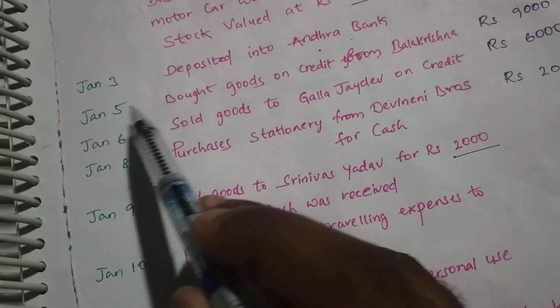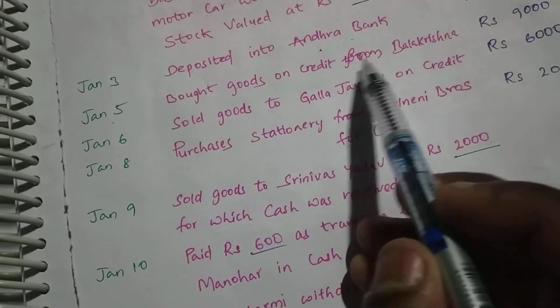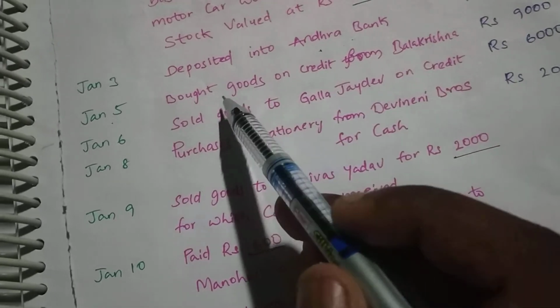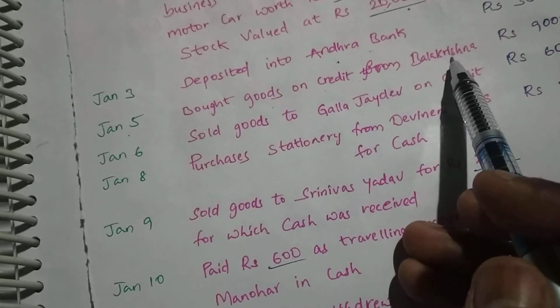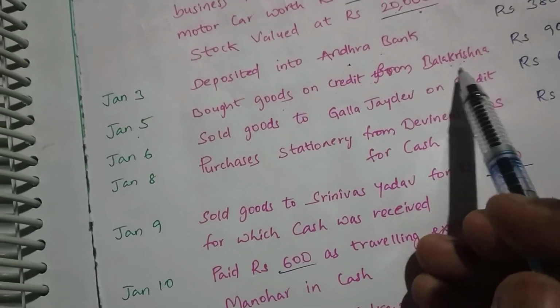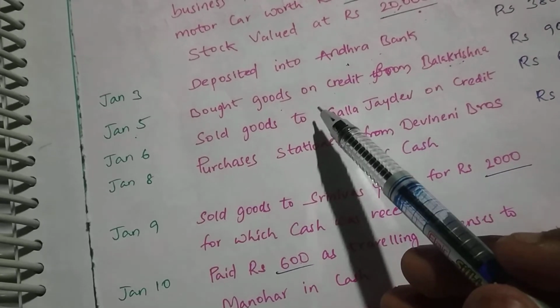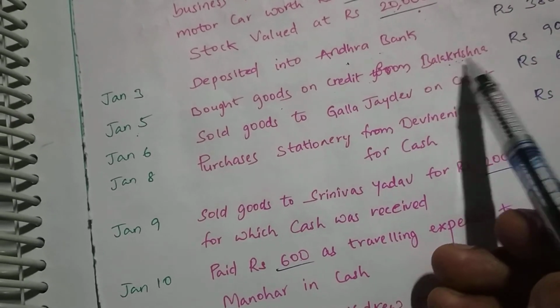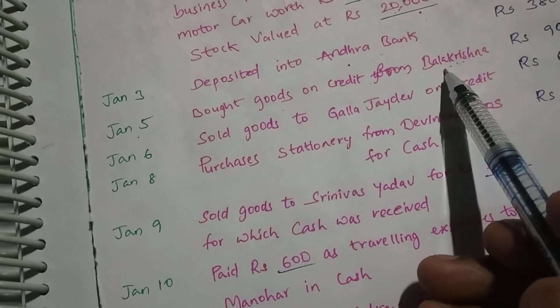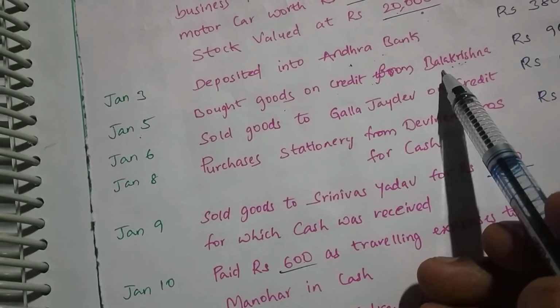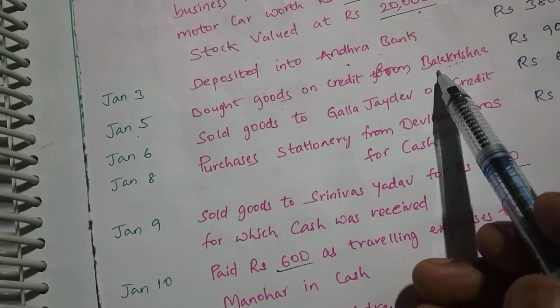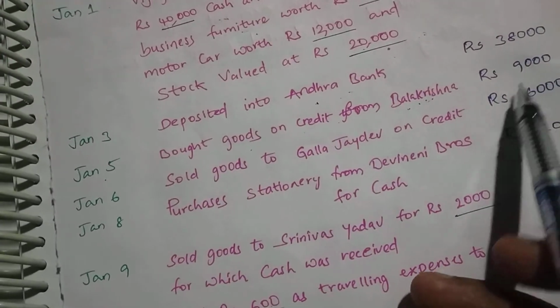On January 5, bought goods on credit from Balakrishna. So we purchased the goods from Balakrishna. Here Balakrishna is a creditor, since we are liable to pay rupees 9,000 to Balakrishna.